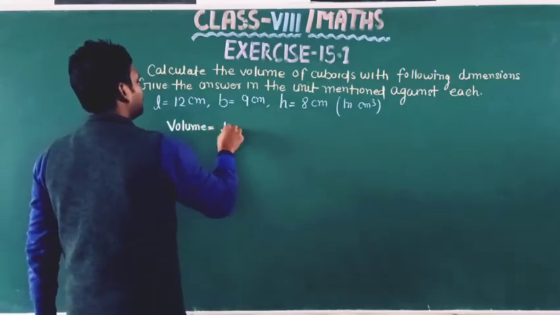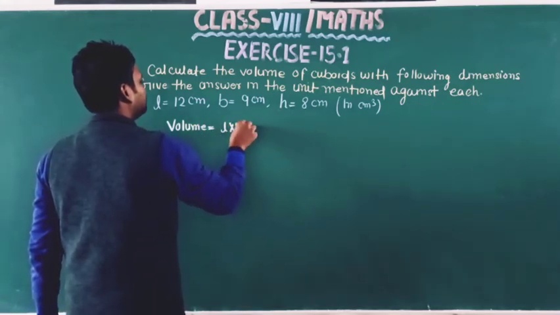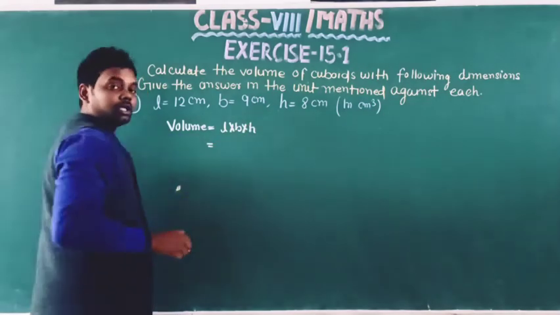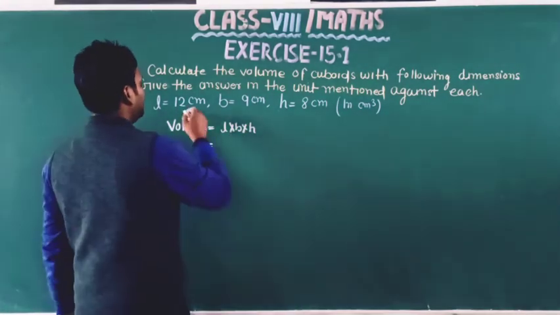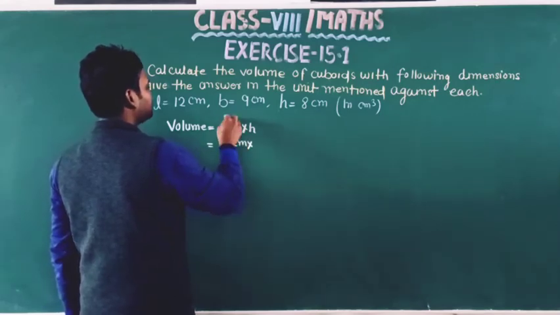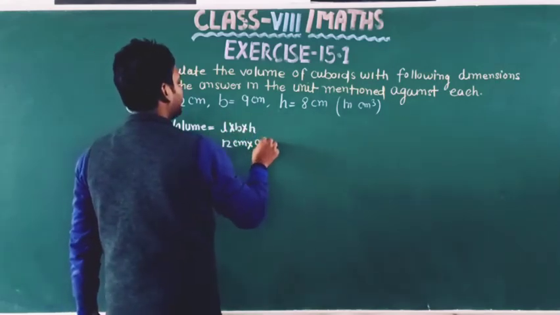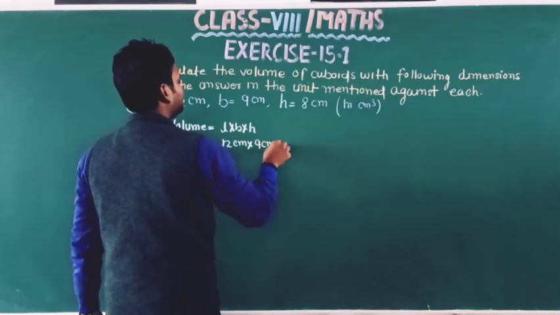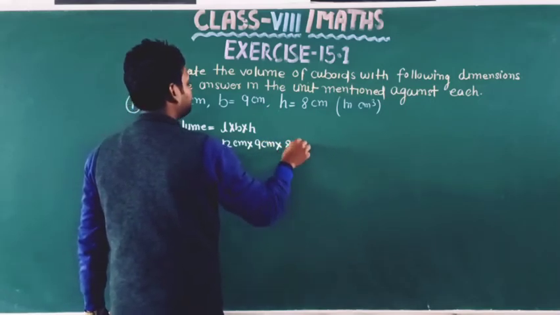This is L into B into H. So L is 12 centimeter into B is 9 centimeter into H is 8 centimeter.